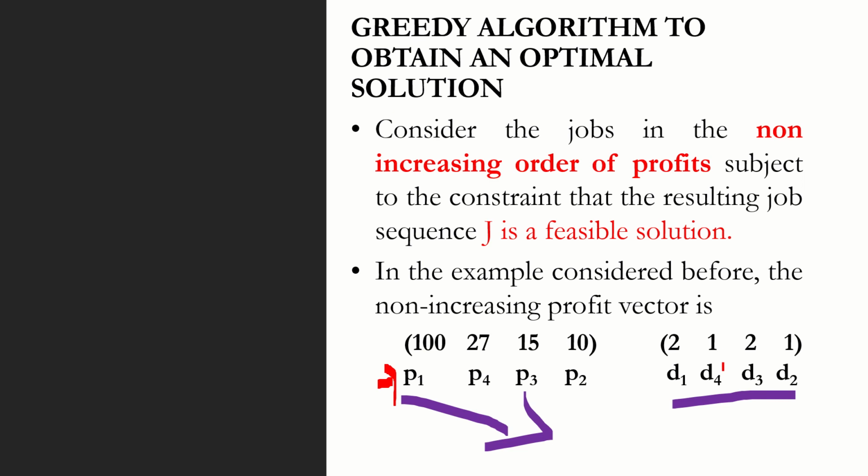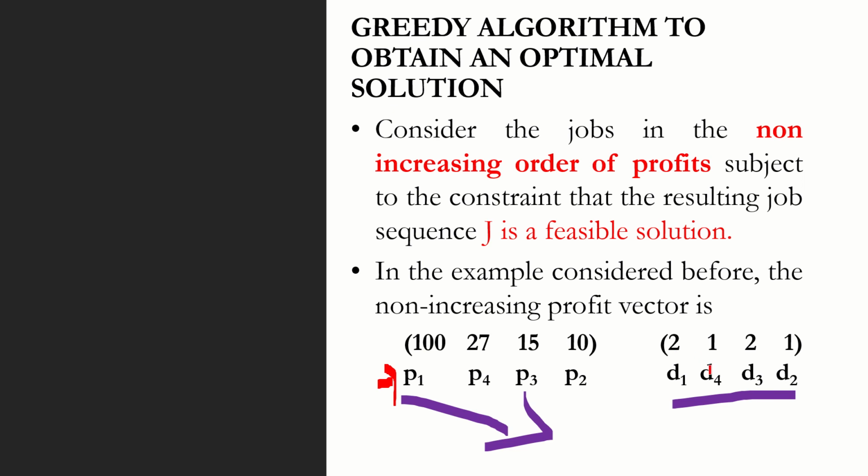That means you will get the profit of P4 if you complete it during the first unit of time. And the second process has deadline 2, that means you will get its profit if you complete it during the first or second unit of time.